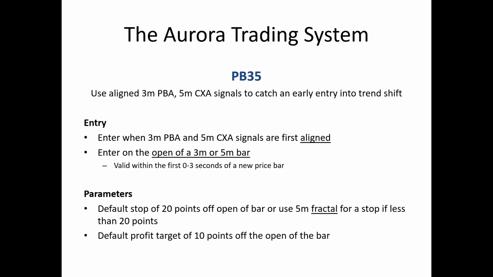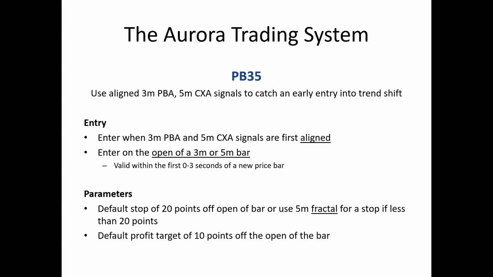So if it comes on right at the open of the bar, it's valid. If it comes on 1 second later, 2 seconds later, or 3 seconds later, it is valid. The majority of the positions that are valid are going to come on at the open of the bar or within 1 second of the open of the bar. That's the majority of them, but within 3 seconds is still a valid signal.